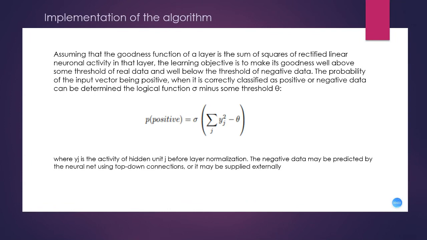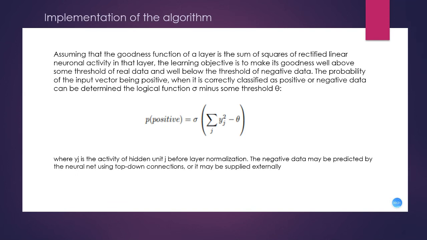Assuming that the goodness function of the layer is the sum of squares of rectified linear neural activity in the layer, the learning objective is to make its goodness well above some threshold for real data and well below the threshold for negative data.